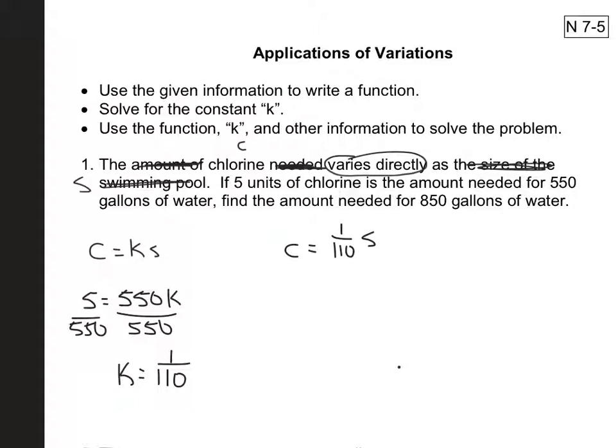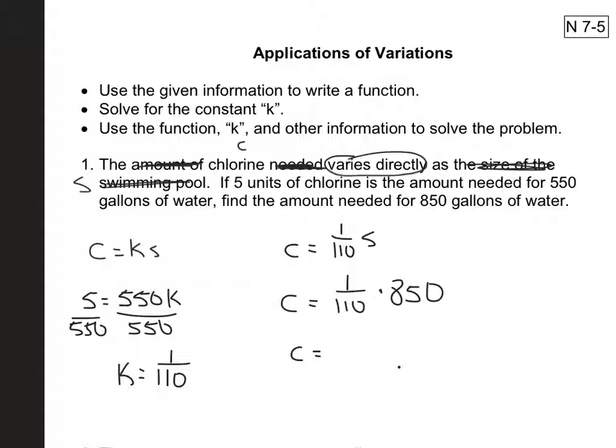Well, now it tells us how much chlorine is needed for 850 gallons of water. So the size of the swimming pool would be S, so C equals 1 over 110 times 850. And use some common sense here, okay? It already told us that 5 does 550, so you can probably guess it's somewhere in the vicinity of 7 or 8 that we're going to get for this answer.